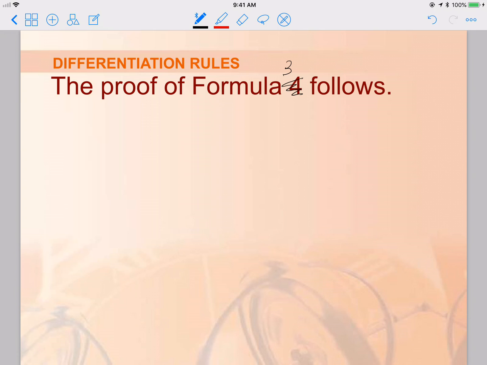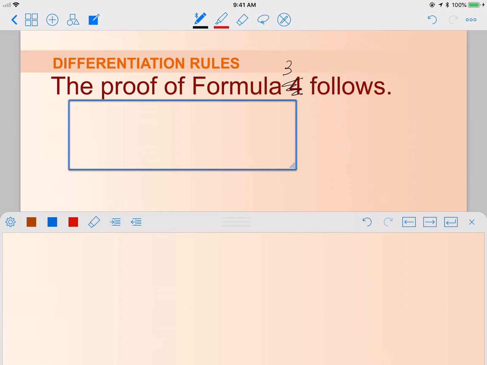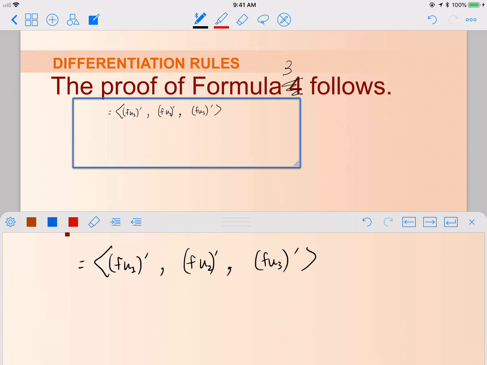So we have (f u1)' in the first component, (f u2)' in the second component, and (f u3)' in the third component.